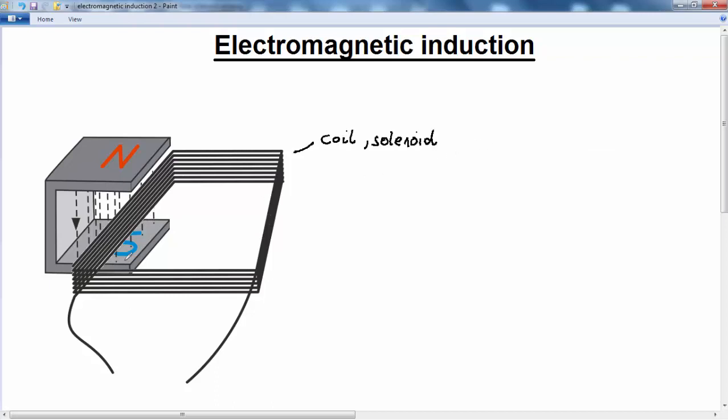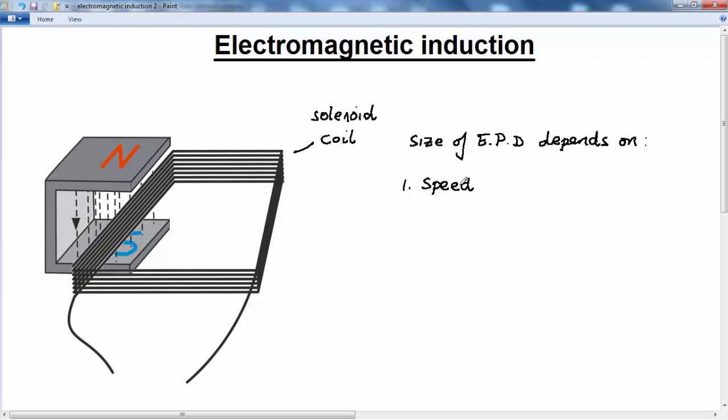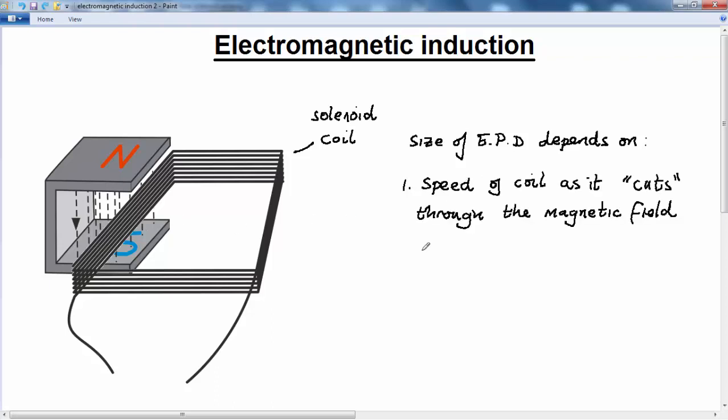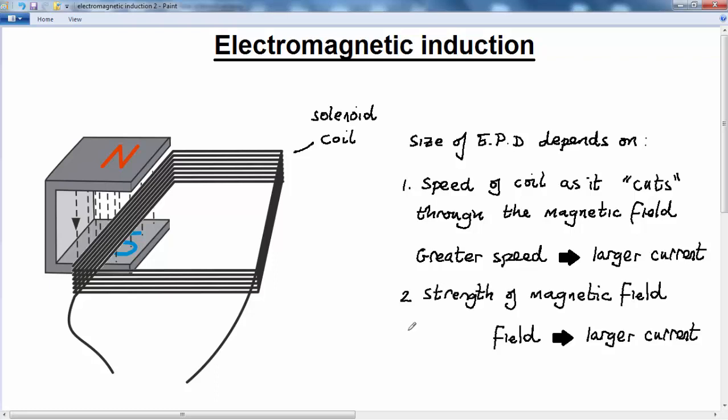So what does the size of this generated electrical potential difference, or voltage, depend upon? Well, as we saw in the previous lesson, first of all it depends upon the speed of the conductor cutting through the magnetic field. So greater speed results in a larger current. Secondly, it depends on the strength of the magnetic field.